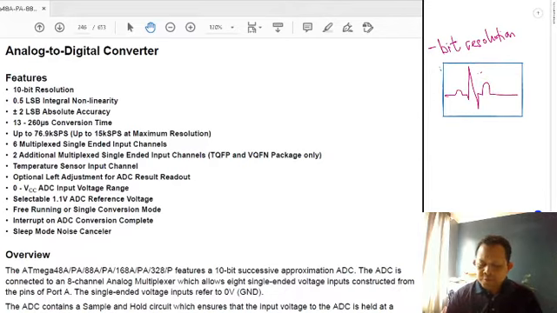So an ECG. Analog signals are very rich, and this is in the context of, for example, time.